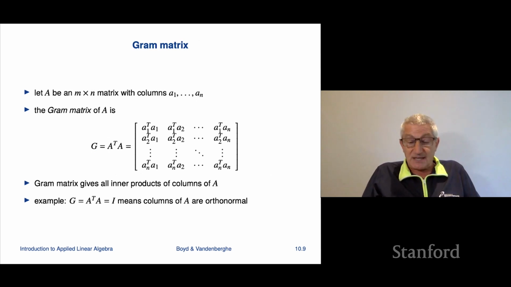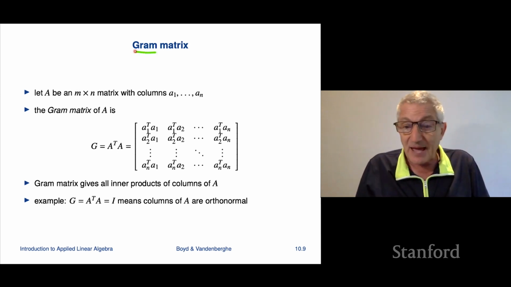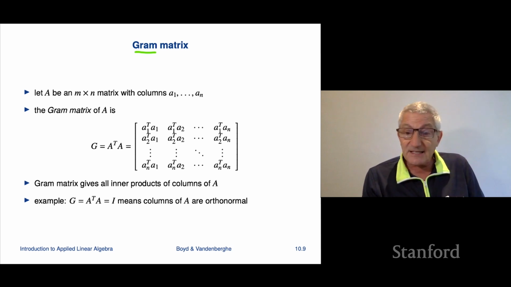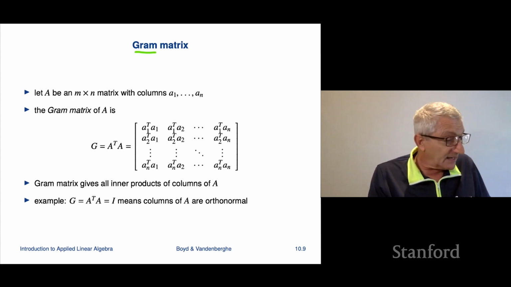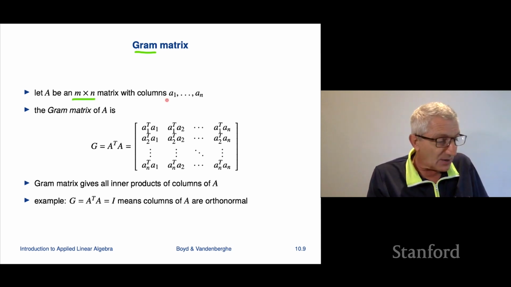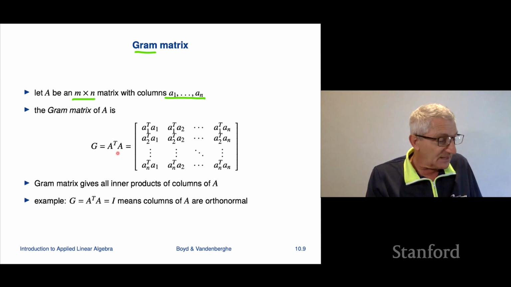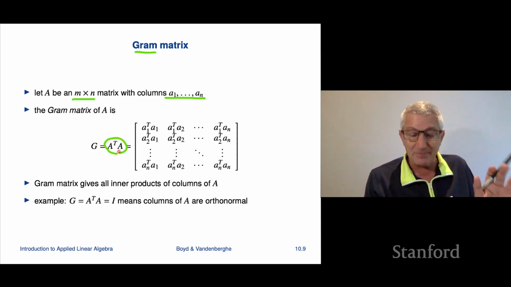So here's a matrix that's going to come up pretty often in the sequel. It's called the Gram matrix. Gram is the name of a mathematician from the 19th century. So let A be an M by N matrix, and its columns are A1 through AN. And each of those is an M vector. Well, the Gram matrix is simply this, a very compact notation.